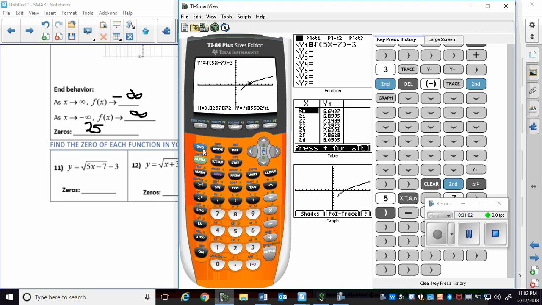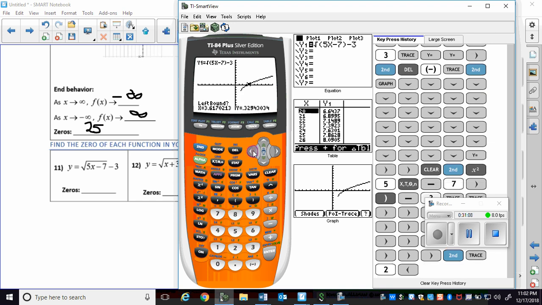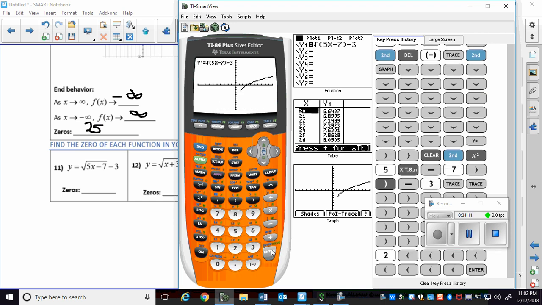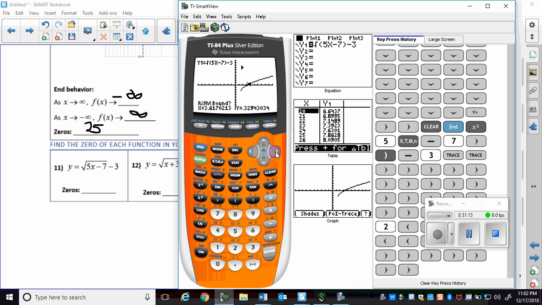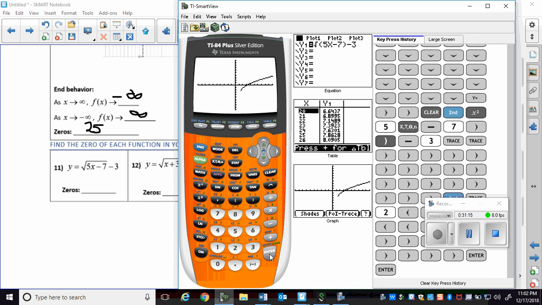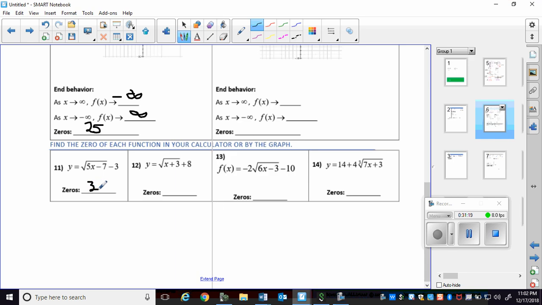So it doesn't allow me to do that. But what I can do is press second calc, go to number 2 for zero, go to the left of that 0, press enter, and then go to the right of that 0, press enter. And we want to round to one decimal place, so we got a 0 at 3.2.